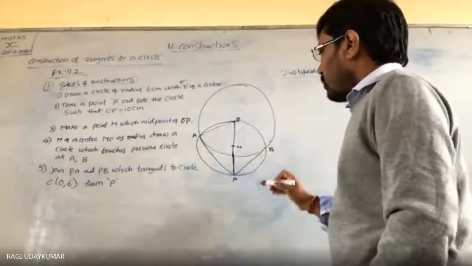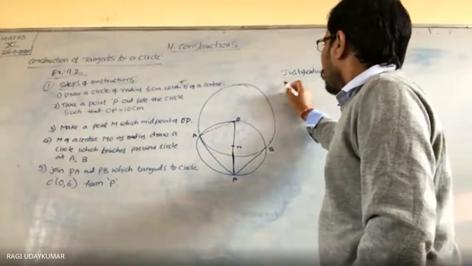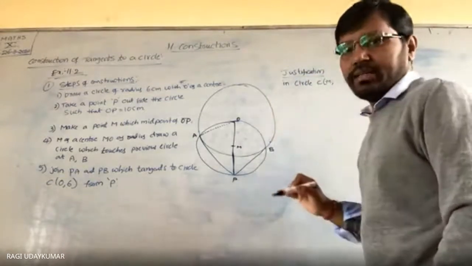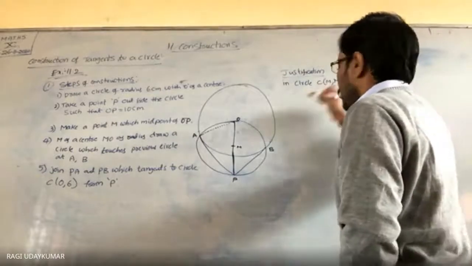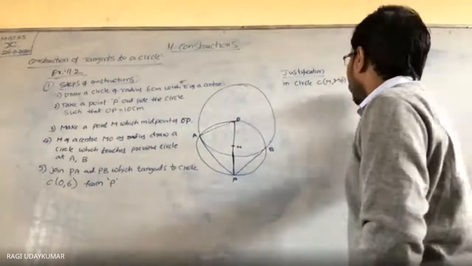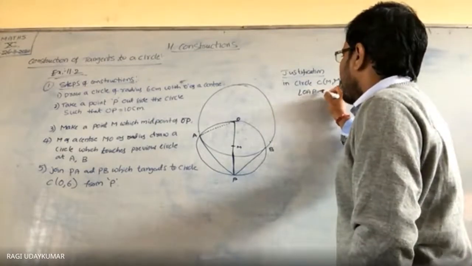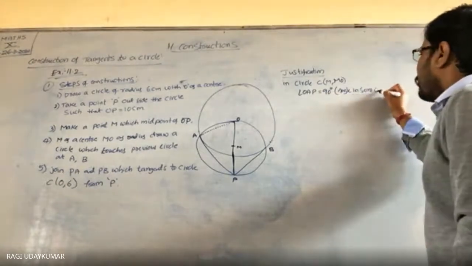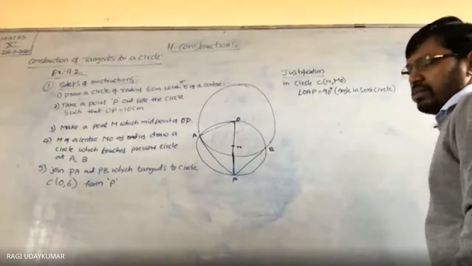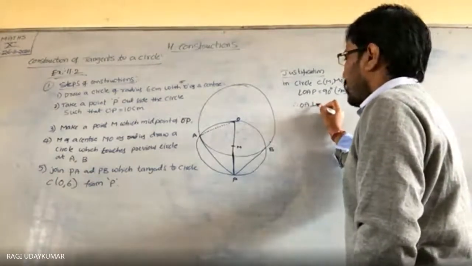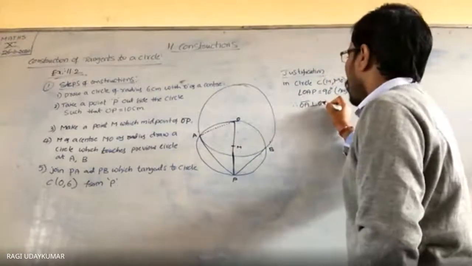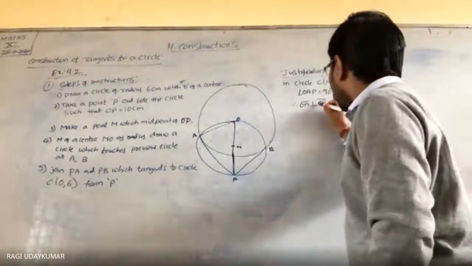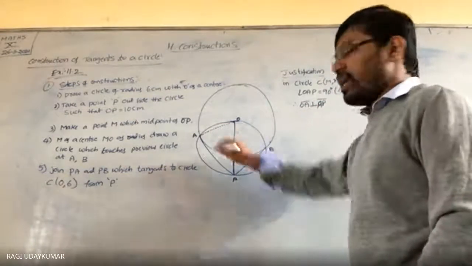In the circle with M as center, MO as radius, the smaller circle, angle OAP is equal to 90 degrees because it is the angle in a semicircle. Therefore, OA is perpendicular to AP.